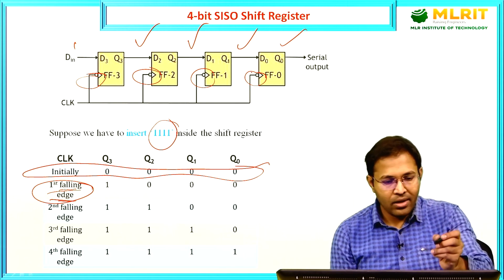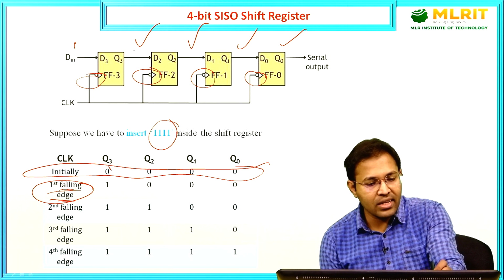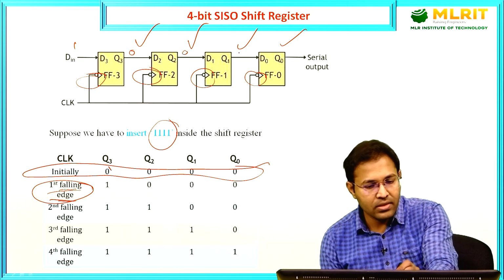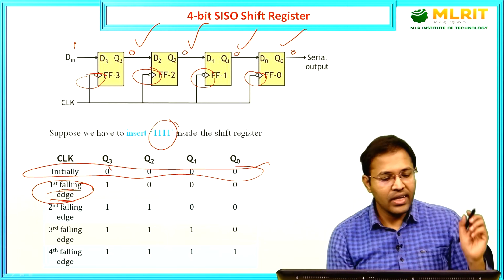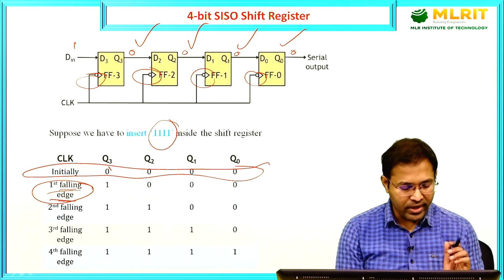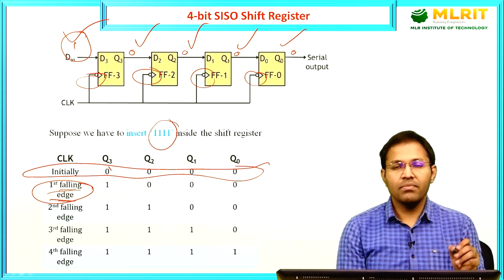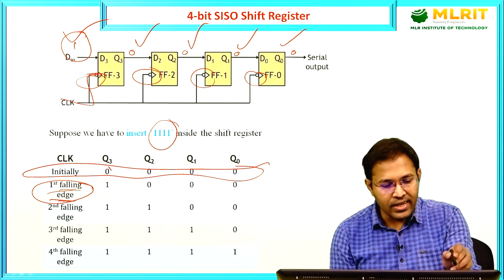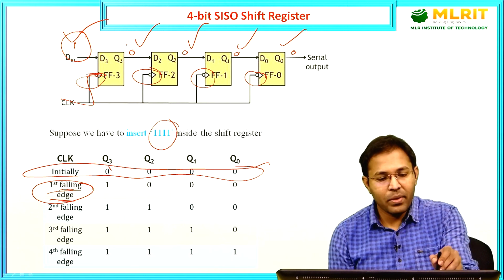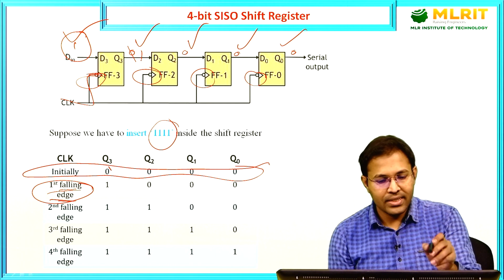But remember, all the initial values at the output are zeros. When you have 1 here and you give a clock signal, then what happens? This 1 comes here. Okay, right?